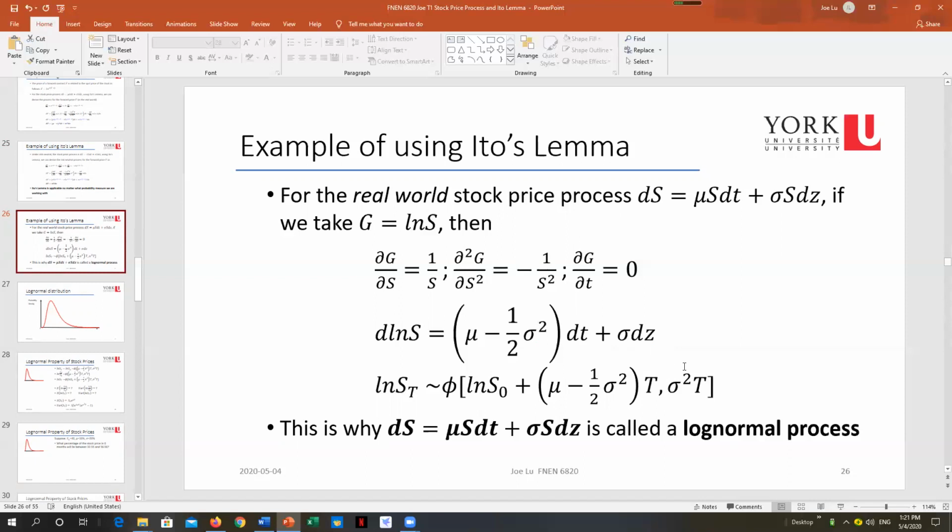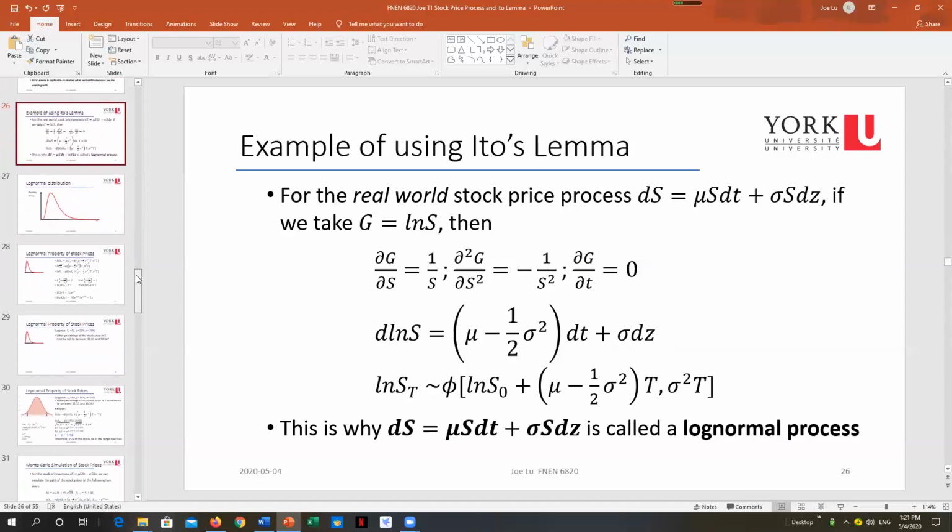And the variance is sigma squared T. So the log of S_T is normally distributed. That's why this process has the name log normal process.